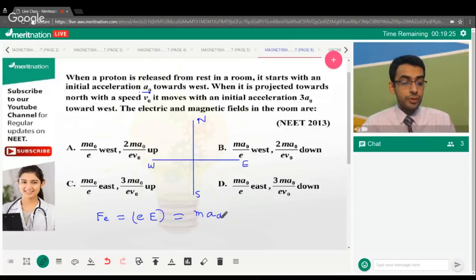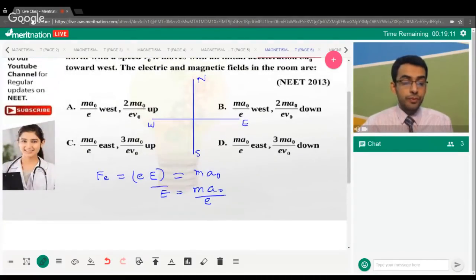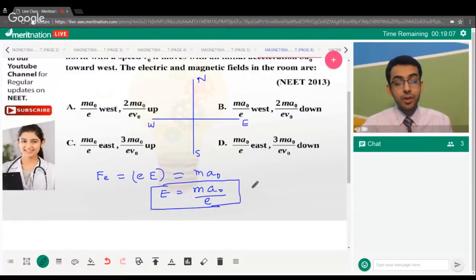By this you can say that capital E is equal to ma naught divided by small e. This is the magnitude of the electric field, and the direction is due west because it is applying a force in the west direction.